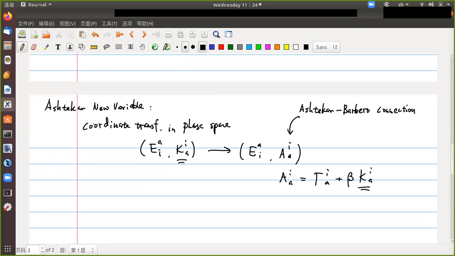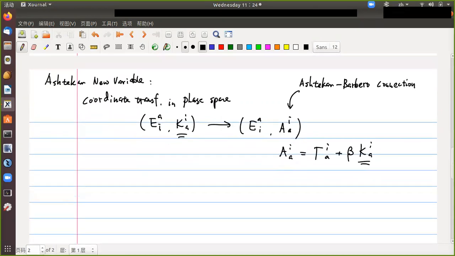It is a connection field with gauge group SO(3) or SU(2). At the moment you are not able to see it, but in the end I will show you that this is a gauge potential, or a connection, with gauge group SU(2).